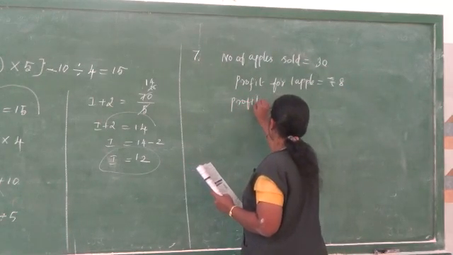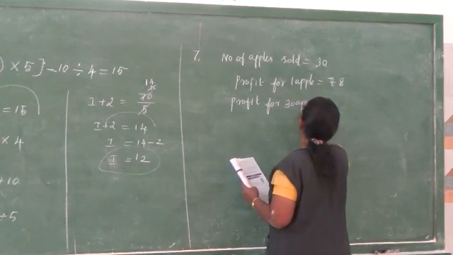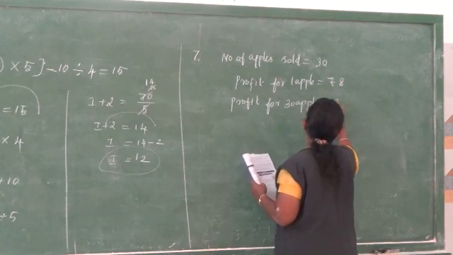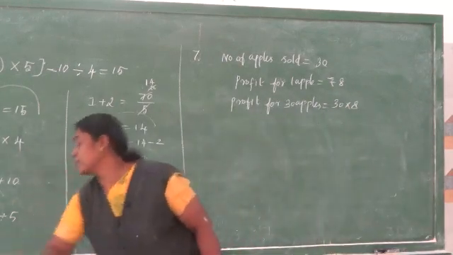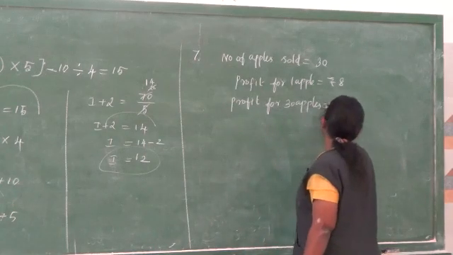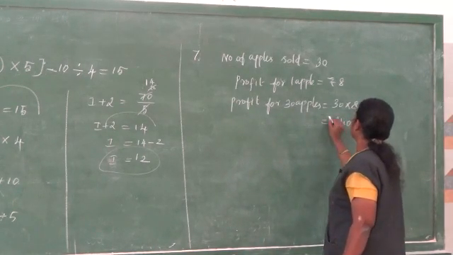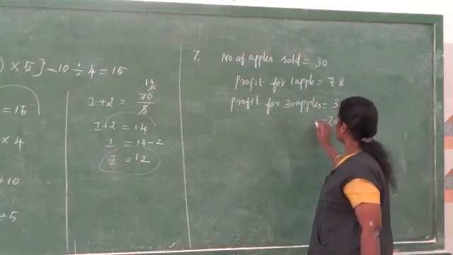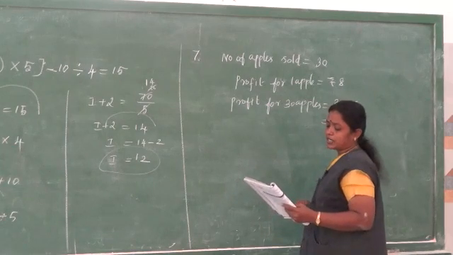So you should multiply. Profit for 30 apples equal to 30 into 8. If you are multiplying 30 into 8, 8 threes are 24, and with the 0, 240 rupees. So profit for 30 apples is 240. And how many pomegranates did she sell?